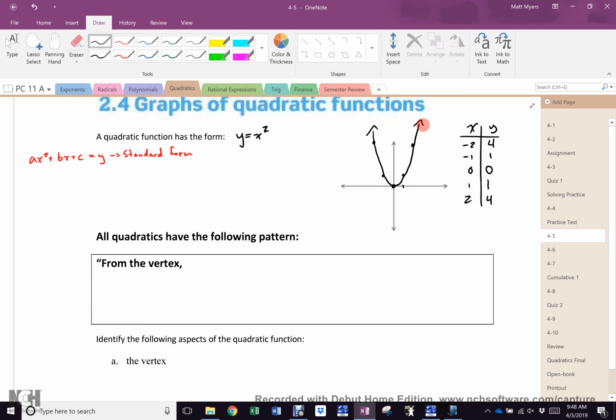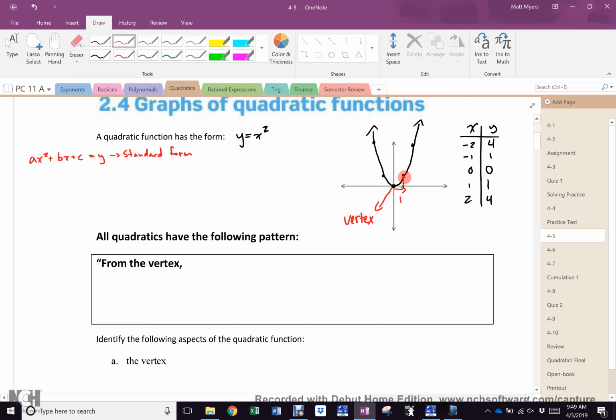Now let's look at this curve for a moment. Because while it is not like a line, and it is not constant, it does have a pattern. From 0, 0, this point right here, which is the vertex, so you should label it. From the vertex, the next point over was how far this way? 1.